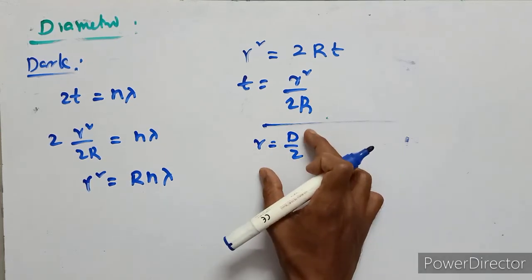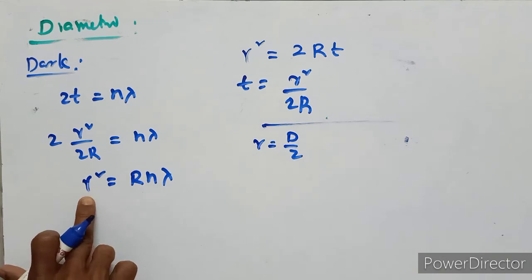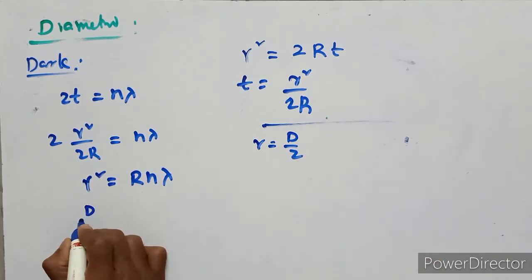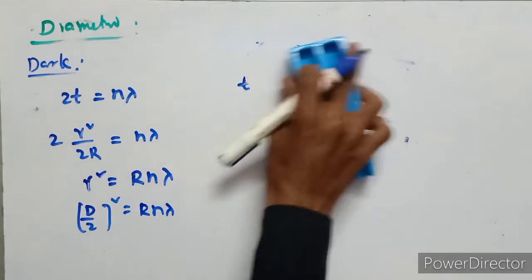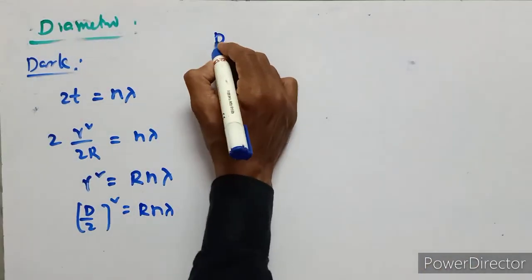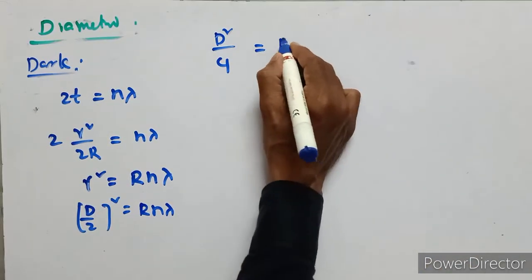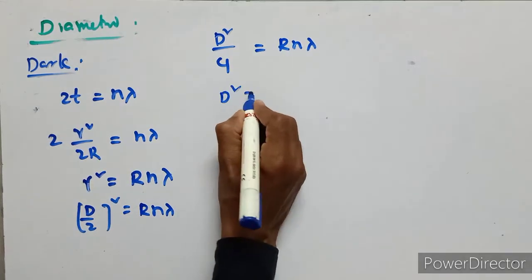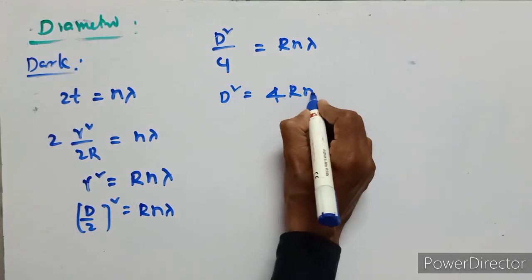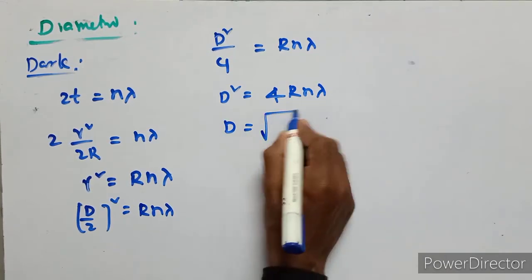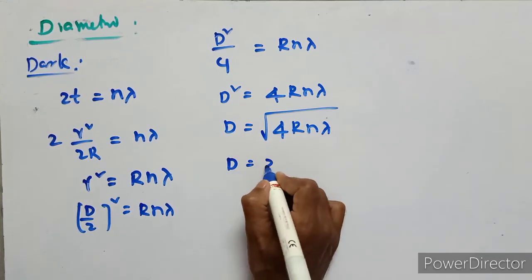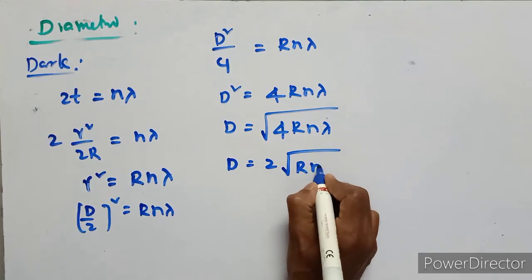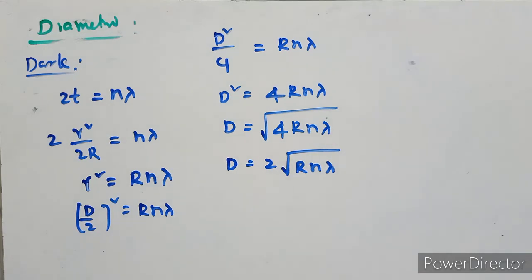Substituting in this equation, (D/2)² = Rnλ. This can be written as D²/4 = Rnλ, so D² = 4Rnλ, D = √(4Rnλ). Then D = 2√(Rnλ).